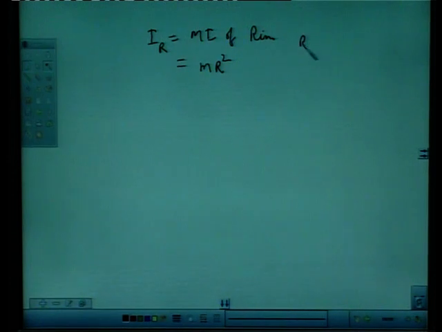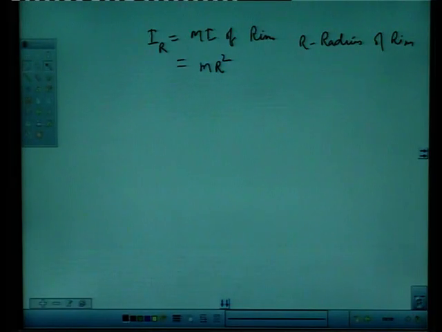Now here the moment of inertia of the rim is equal to m r square, where r is the radius of the rim.